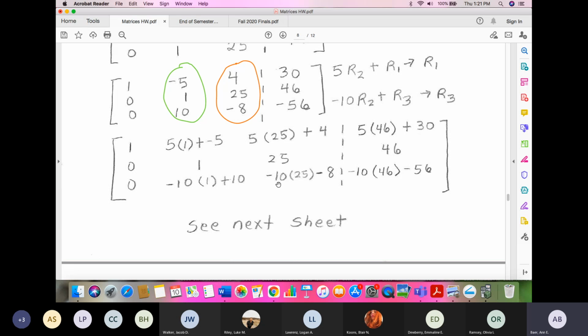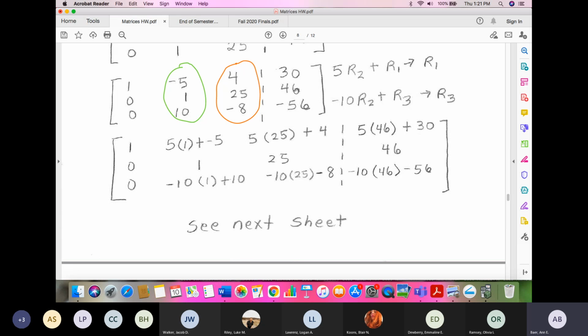Negative 10 times row 2, which is 1, 2, 25, plus row 3. Plus row 3, 1, 2, 3. Plus negative 8, which is just minus 8.